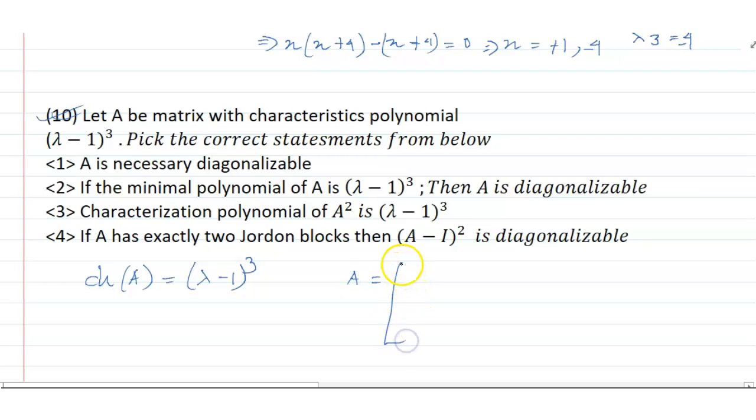We take this example: the matrix with rows 1 0 0, 1 1 0, 0 1 1. In this type of problem, you will see that all the eigenvalues are 1, so it follows these equations, friends. So it is the example I take.